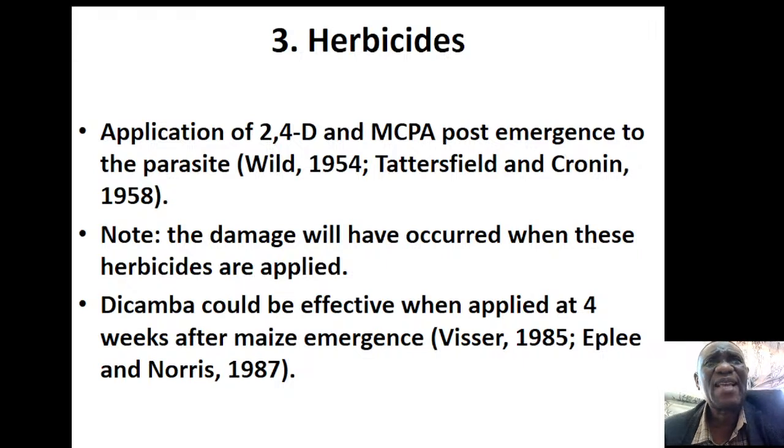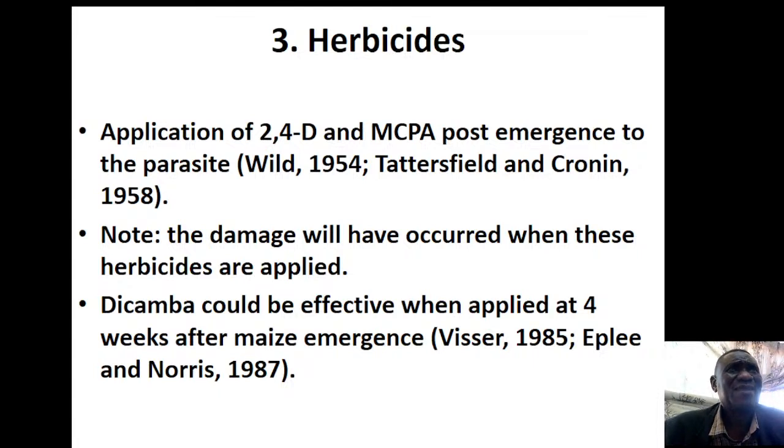As far as herbicides are concerned, for a long time on commercial areas, they were relying on 2,4-D and MCPA, which were being applied post-emergence. But we know that during that time, most of the maize will have been damaged, and few farmers may want to use this approach.